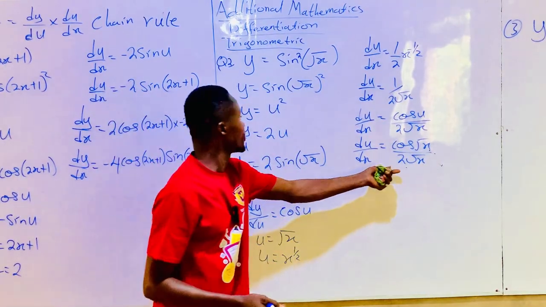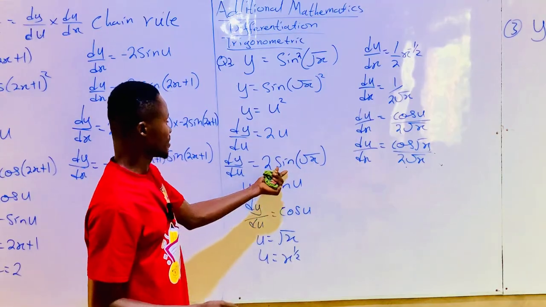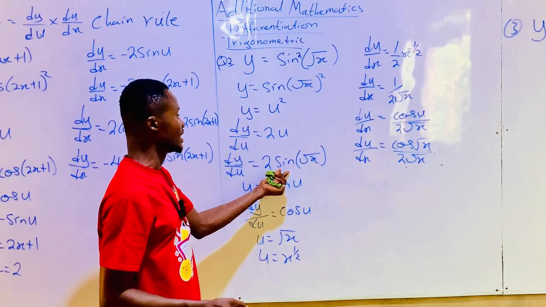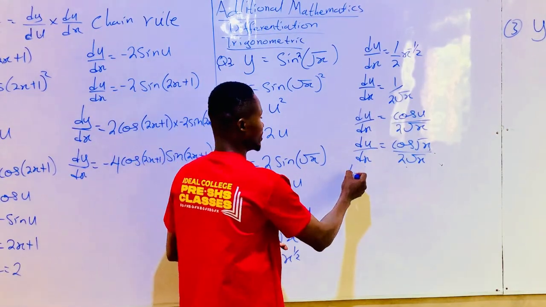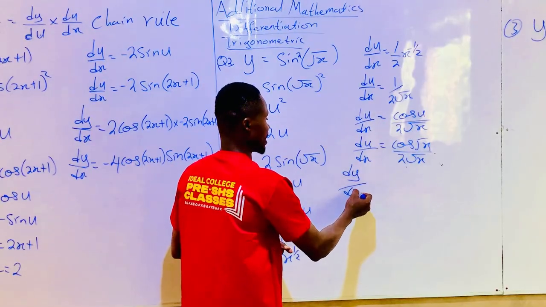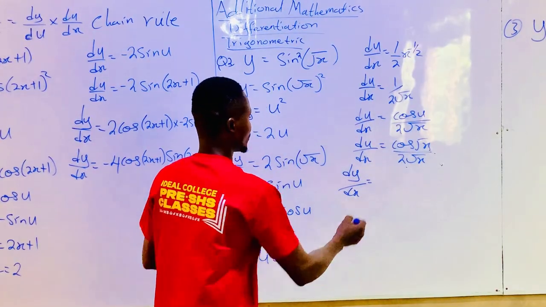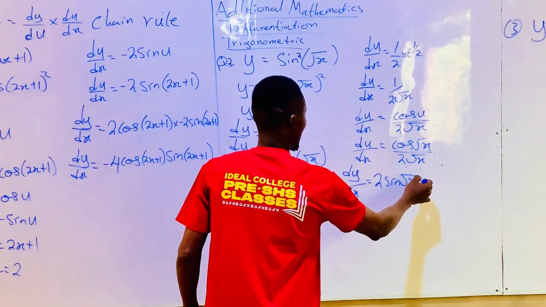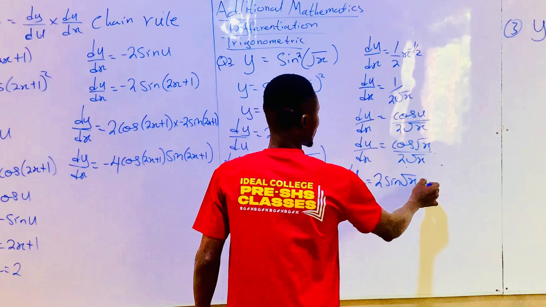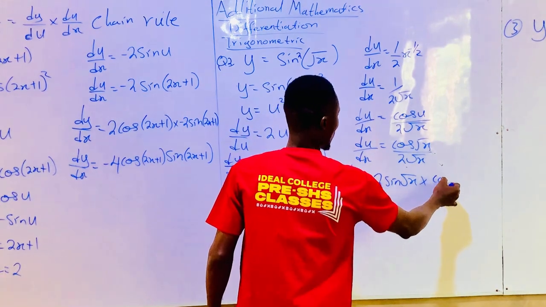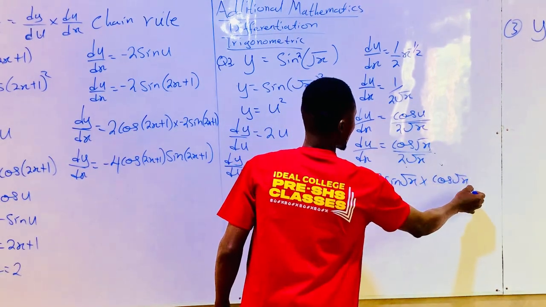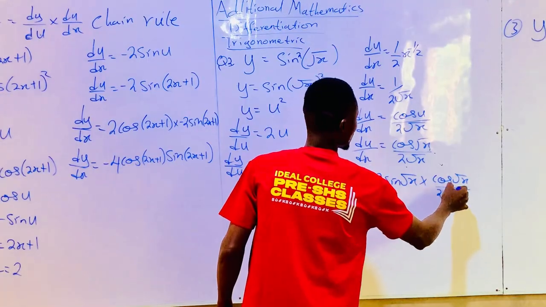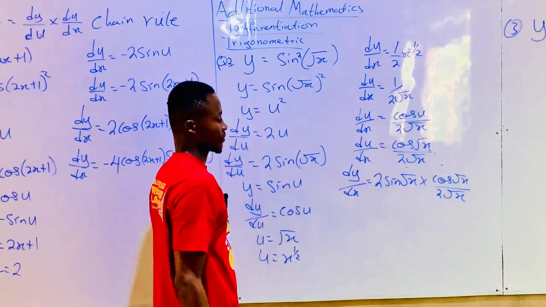Now when you are done, you pick this and then we multiply with what we just did here. So our dy over dx will be equal to 2 sine root of x times cos root of x all over 2 root of x.